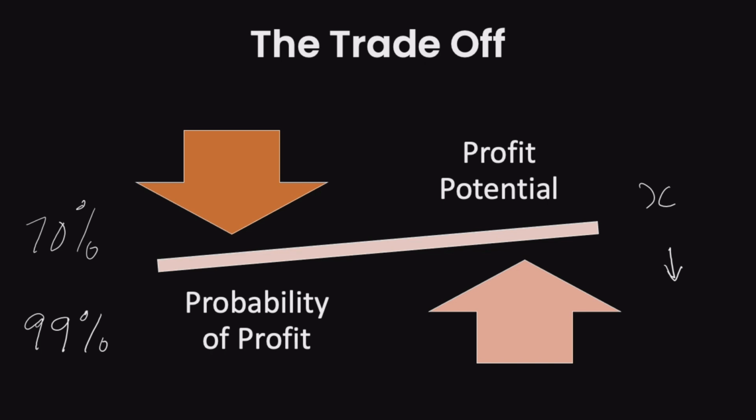Likewise, as your probability of profit decreases, let's say it goes down to 50%, then X, whatever percentage that is, tends to increase, and this will grow up. So there is this trade-off between profit potential and probability of profit. Again, something we will see in live examples in subsequent slides, but just so that you know, this trade-off exists, and we need to find that balance as far as profit potential and probability of profit is concerned.